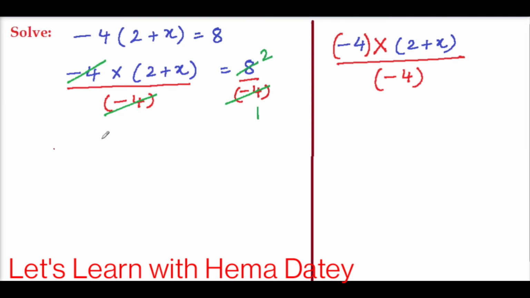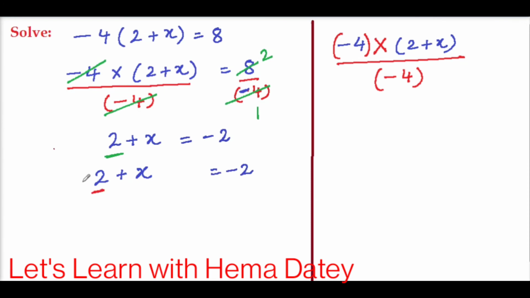On the left hand side, we have 2 plus x equals minus 2. Remember that 4 has a negative sign. Now we have to remove this 2. We write 2 plus x equals minus 2.